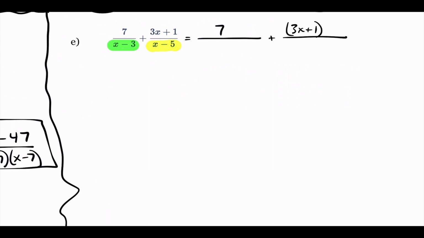So I have two denominators, x minus 3 and x minus 5. They're both binomials. Neither of them have GCFs, and neither of them are difference of squares. So I'm just going to write x minus 3 under the 7 and x minus 5 under the 3x plus 1. So notice the 3x plus 1 I already put in parentheses because that one came together. It's a binomial.